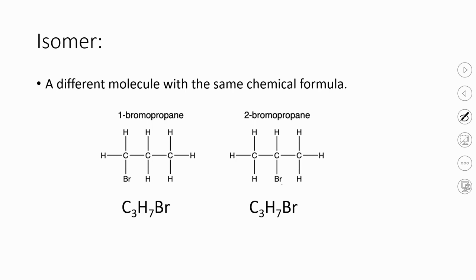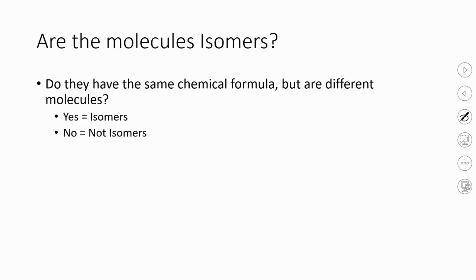You're going to have to decide if a molecule is an isomer or if it's not an isomer. This is what I would ask myself when trying to decide. Do they have the same chemical formula? They have to have the same chemical formula. If they don't, then they can't be isomers. And the second question is, are they different molecules?